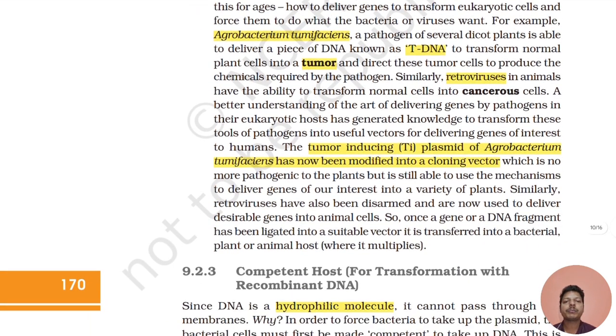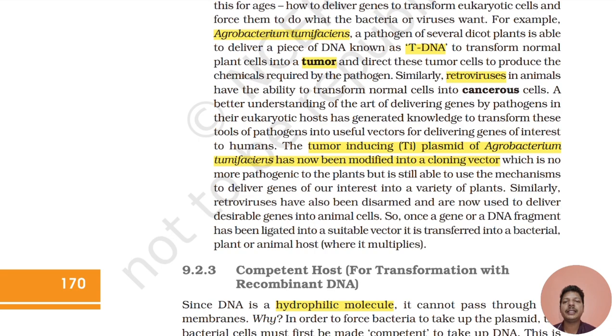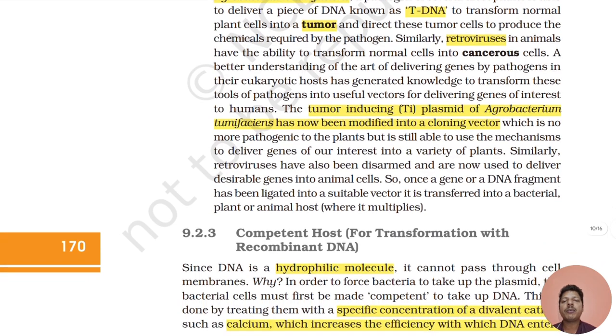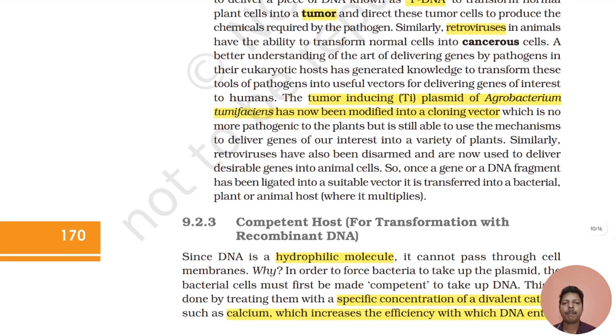So for that, we use them to deliver the gene of interest. The tumor-inducing plasmid, Ti plasmid, of Agrobacterium tumefaciens has now been modified into a cloning vector, which is no more pathogenic to the plant but is still able to use the mechanism to deliver genes of our interest into a variety of plants. Similarly, retroviruses have also been disarmed and are now used to deliver desirable genes into animal cells.